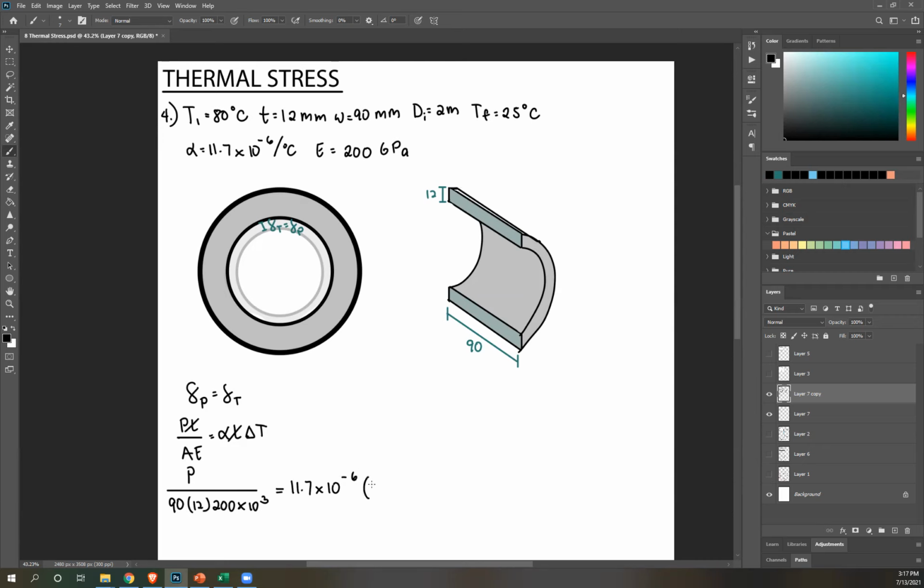Change in T, 25 minus 80. Now this will create a negative sign, right? But we already know it's going to shrink, right? So we're only concerned with the amount that it's deforming. So that means you can just write absolute value here. Okay? And then from this you can solve for P.